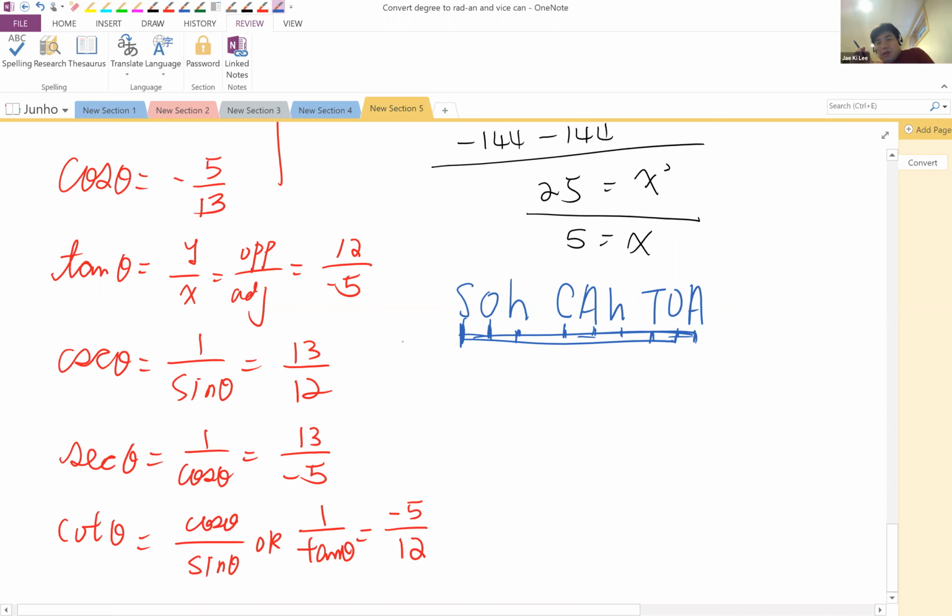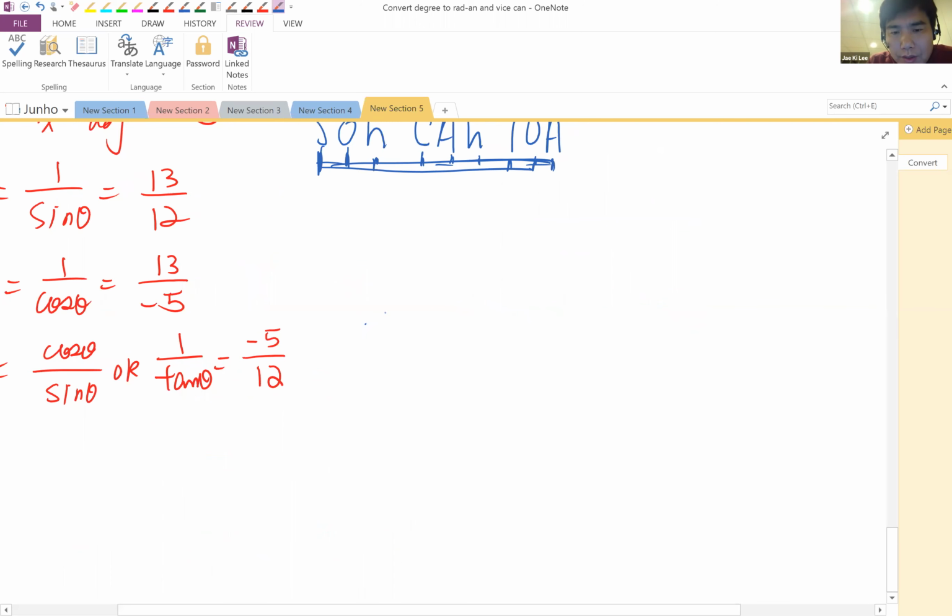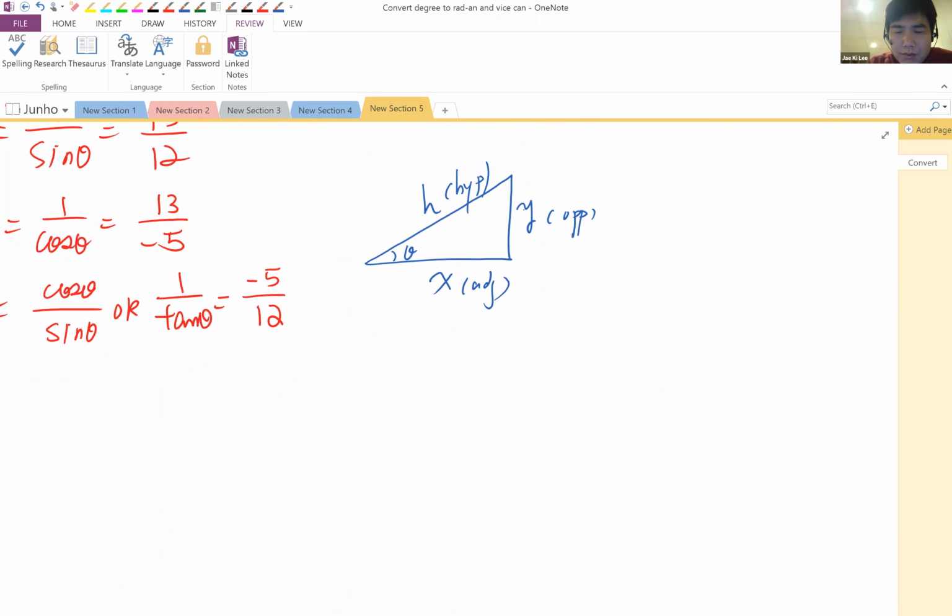And then another way to memorize it: when we have a triangle, I'm going to say this is y, this is x, and this is the hypotenuse. Of course, I can say opposite, adjacent, and hypotenuse. Now, what's the initial alphabet for sine?